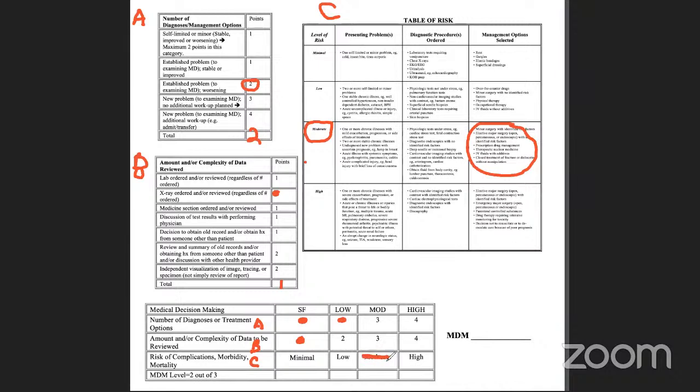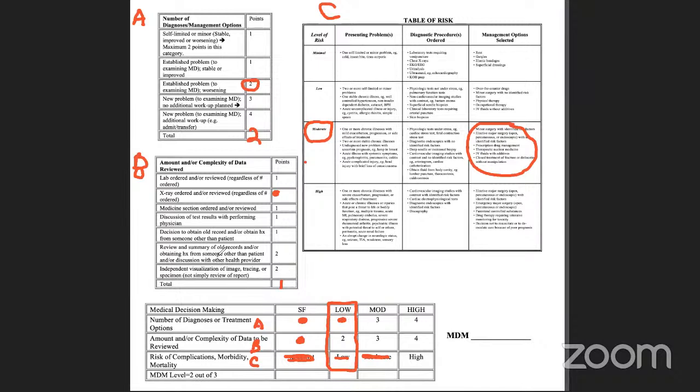And remember, moderate includes low, and it also includes minimal. And so what's our overall medical decision making? Which column do you have 2 or more red circles? And that would be low. So number 3 on page 626 is low.